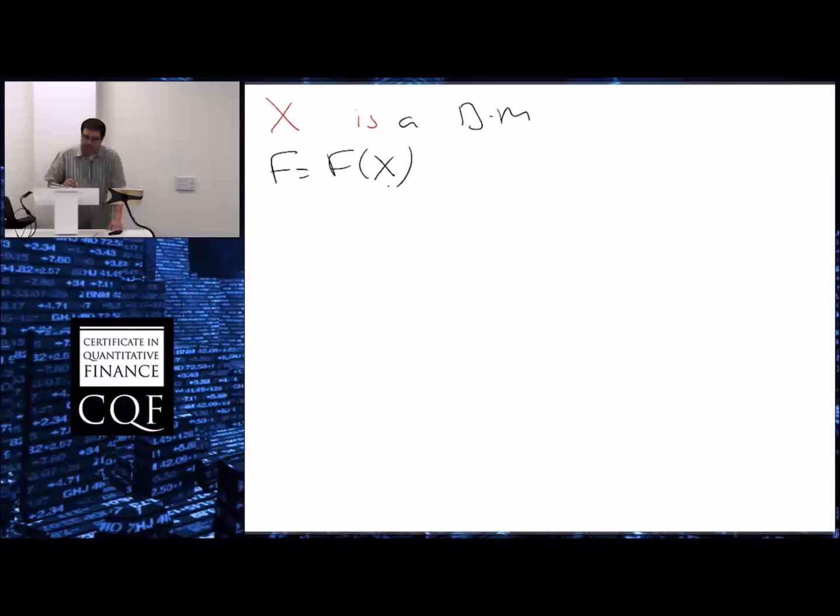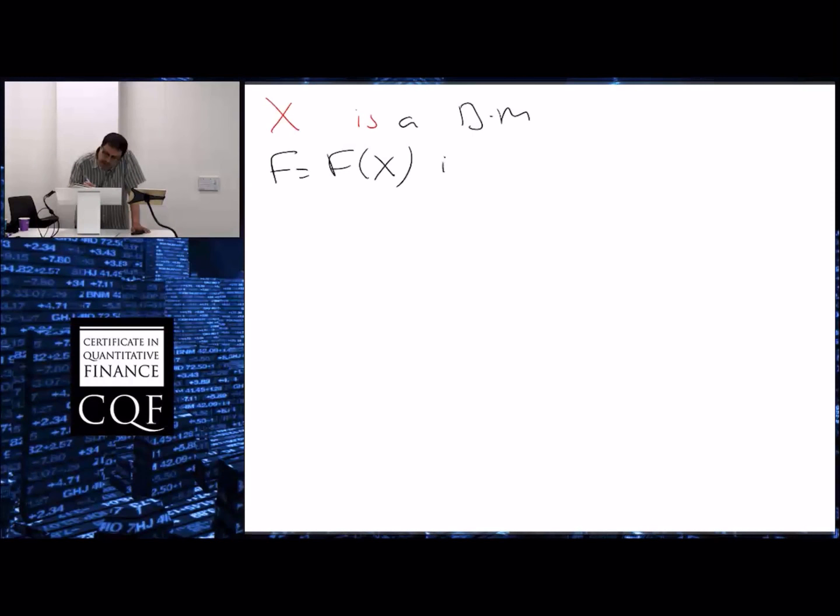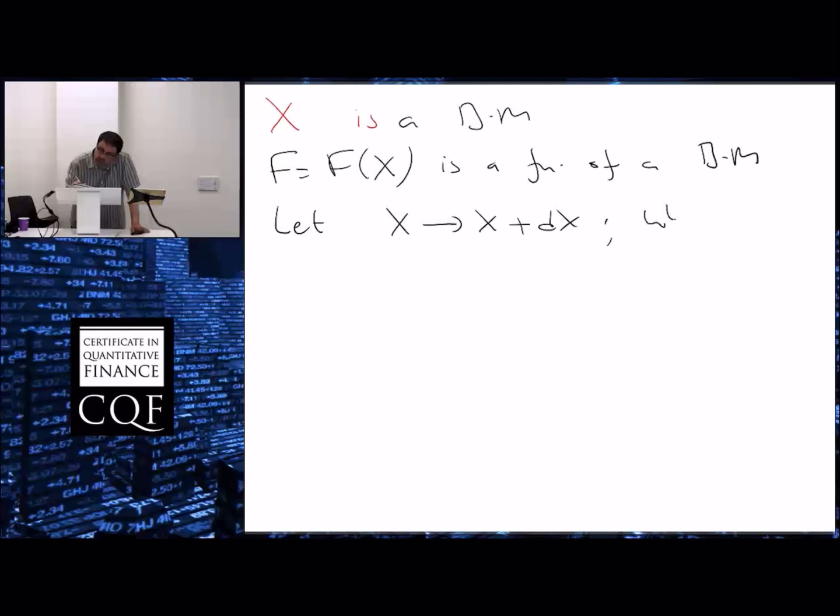X is a Brownian motion. F is equal to f of x, is a function of a Brownian motion. Let x change by a small amount. The obvious question to ask is, what happens to f?